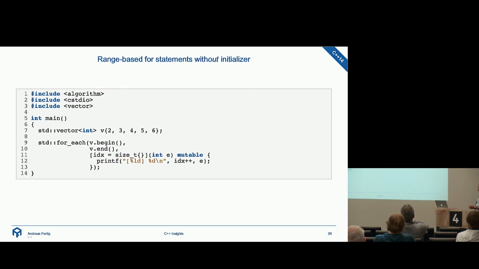I can use, for example, my std::for_each algorithm and use C++14's init capture to introduce a new variable called idx in that lambda, which is of size_t and default initialized. So that's how we can put the pieces together. That's C++14's lambdas extension.